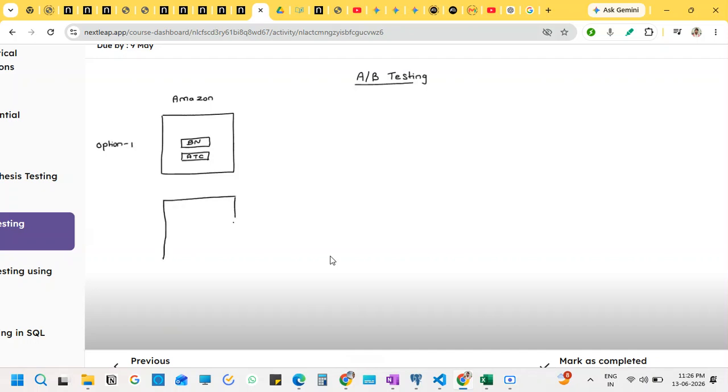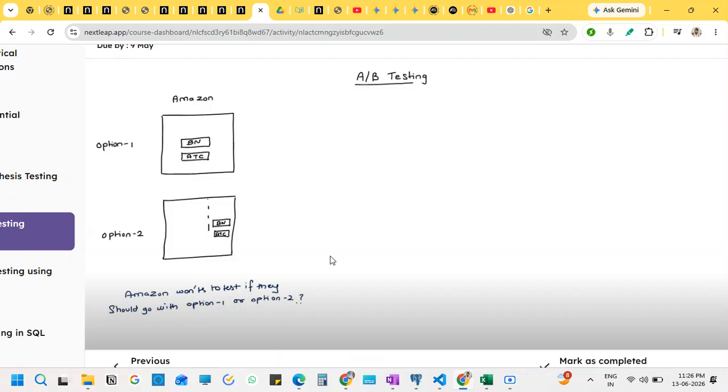Option number two is to keep it on the right side of the page. So this is buy now, add to cart. This is option number two. Now, this is the problem statement. The problem statement is Amazon wants to test if they should go with option one or option two.